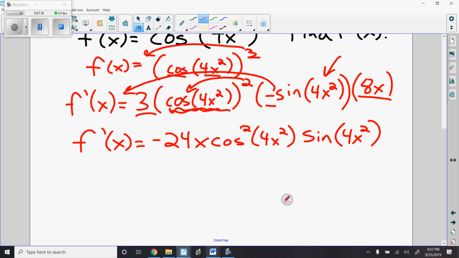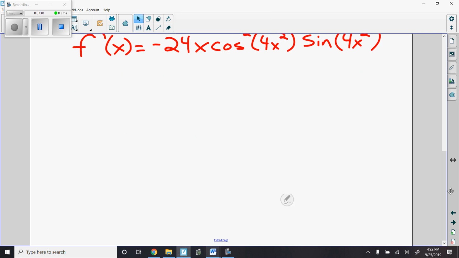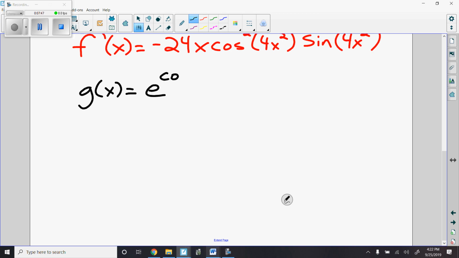Okay. Let's try one more. I'll make up one more here. Okay, so here's my function. g of x is e to the power of tangent of 3x.